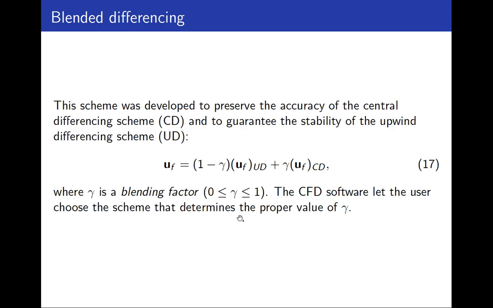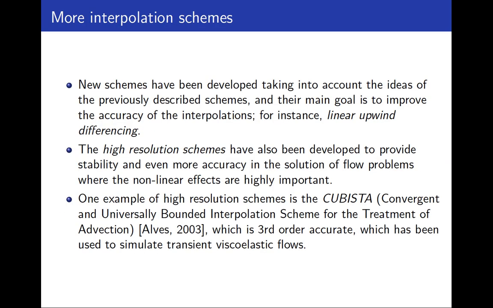So in order to choose the appropriate value of the blended factor, the CFD software that you are using will let the user choose the scheme that determines the proper value of gamma. So obviously, if gamma is closer to 1, we will get mostly the properties of the central differencing. But if the value of gamma is closer to 0, we will mostly get the properties of the Upwind differencing.